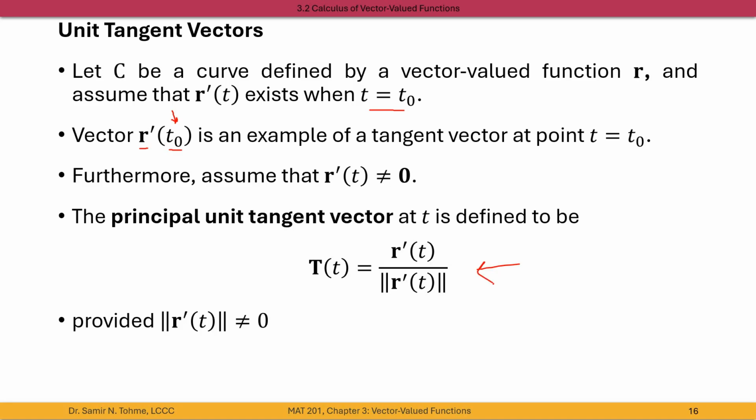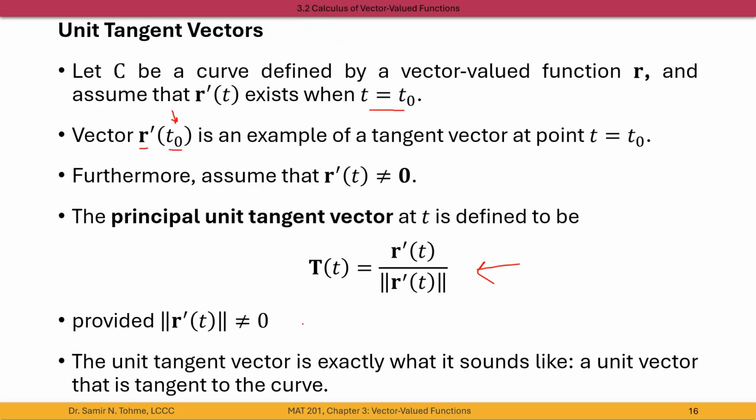It is similar to the formula we use to find the unit vector of any vector in the first chapter. Of course, r prime cannot be equal to 0 because we cannot divide by 0. It will be undefined. So this is a condition imposed on this relation.